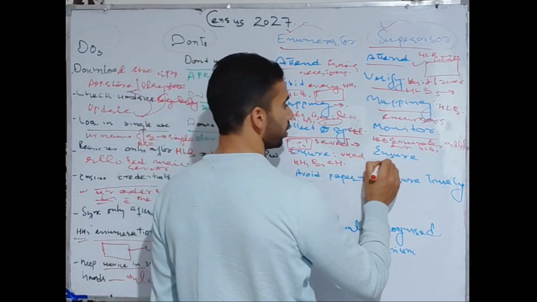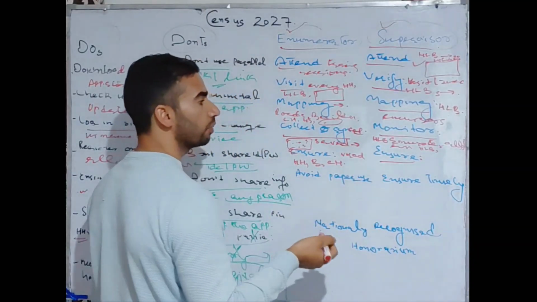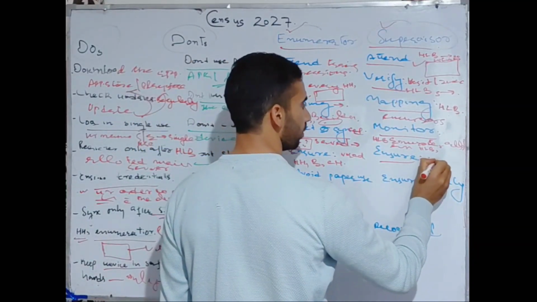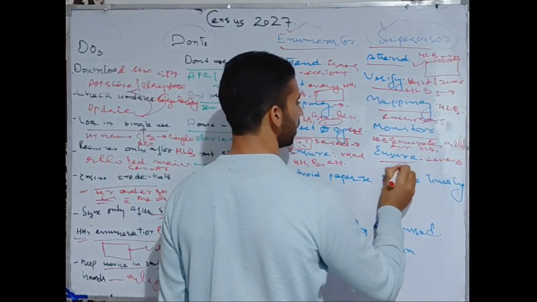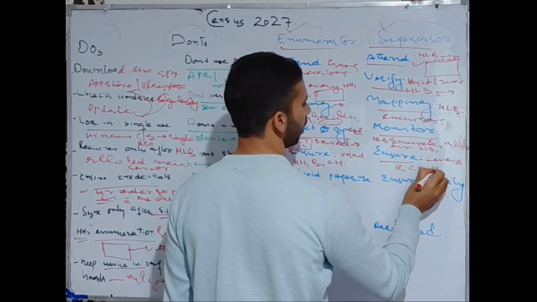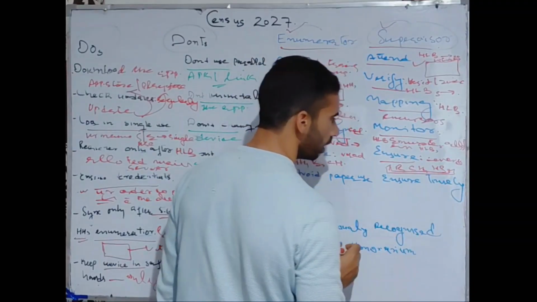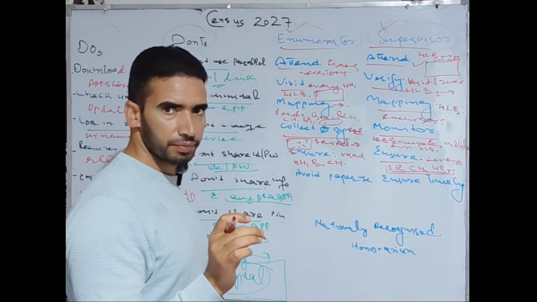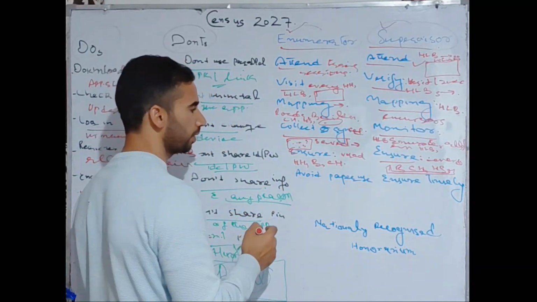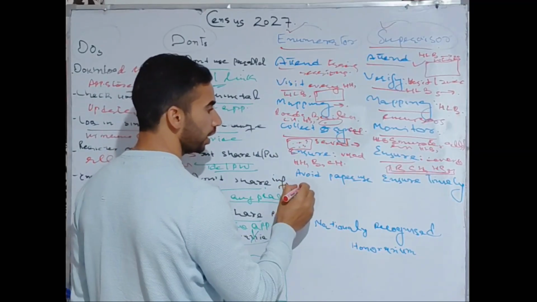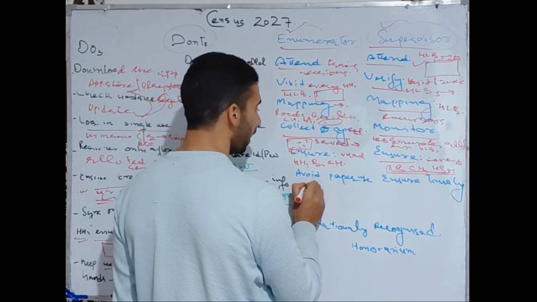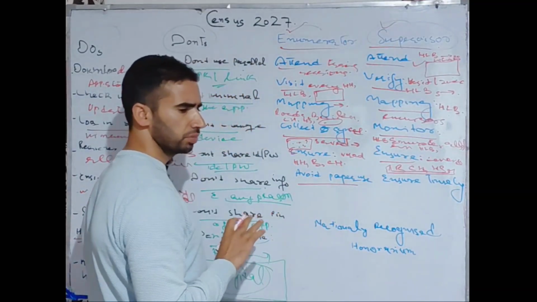If you are a supervisor, you have to ensure that all of your enumerators have covered all the buildings, all the census houses, all the households for census purposes, and they have marked each and every building with the respective census number.